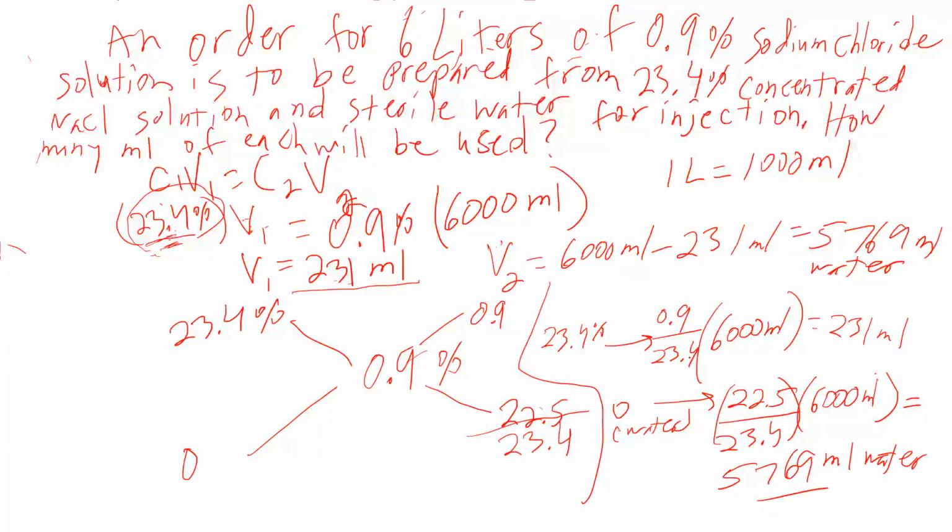So whether we do the C1V1 equals C2V2, right? Or whether we do the alligation method this way, you're going to get the same answer. 5769 mils of water, and then 231 mils of sodium chloride. Okay, let's go to the next one.